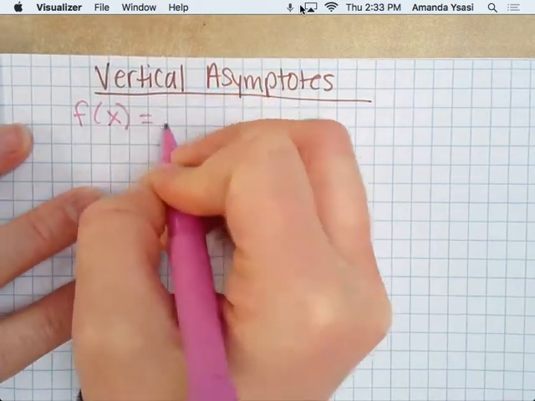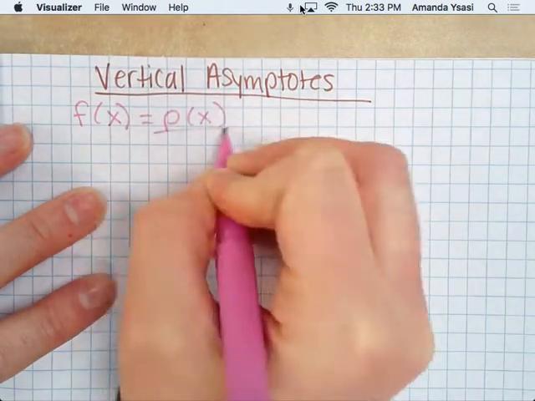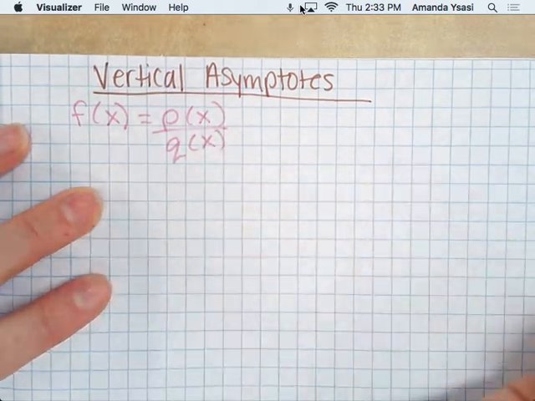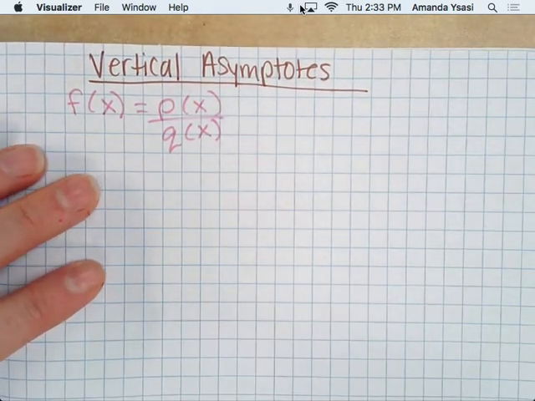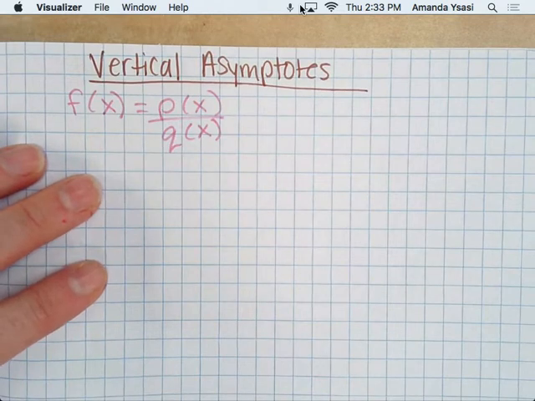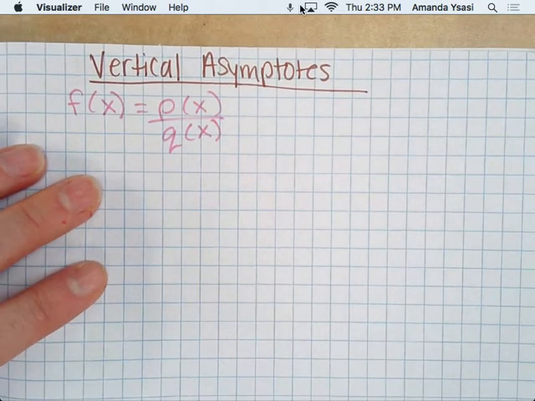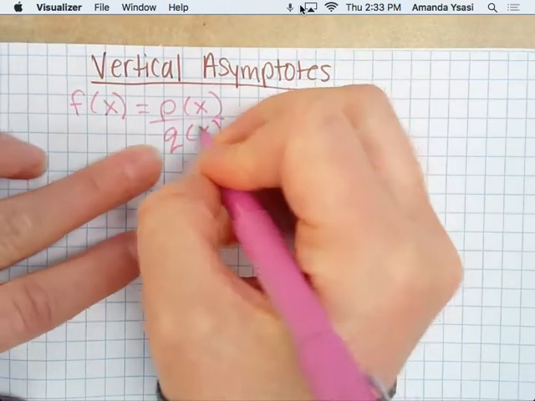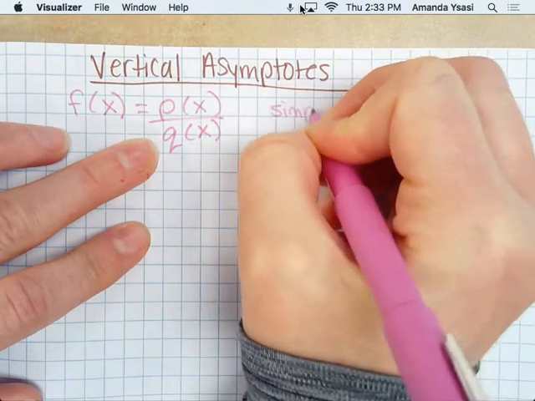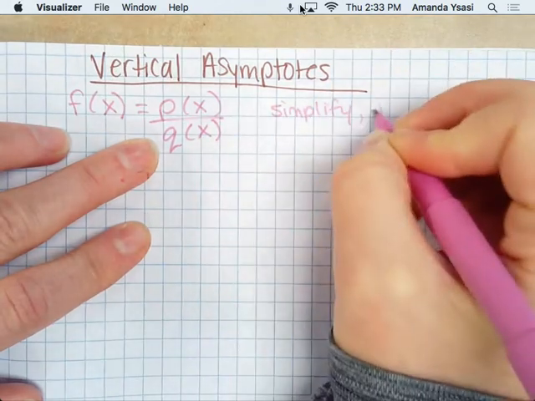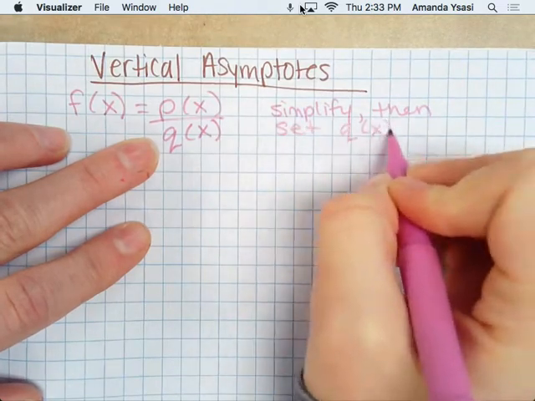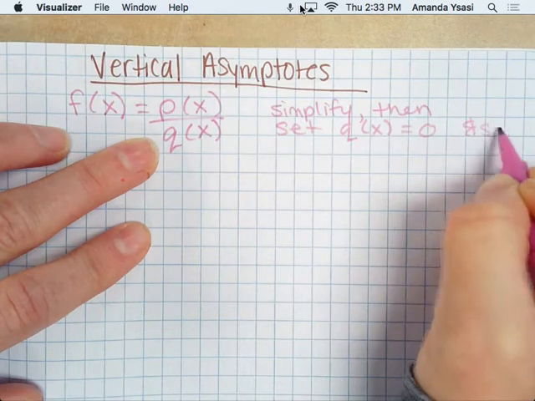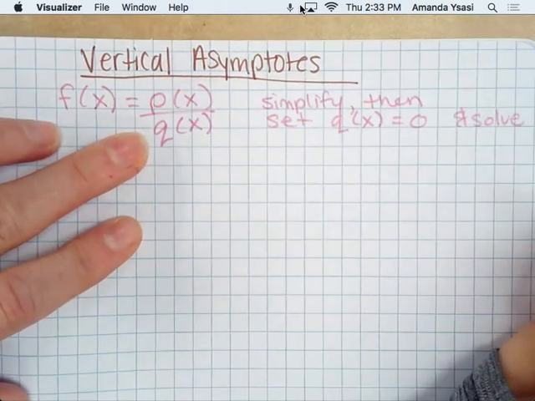So if we have f of x equals p of x over q of x, in order to find your vertical asymptote, you're going to simplify that, and then you're going to find any zeros. Basically, you're looking at the denominator. So simplify, then set q of x equal to 0 and solve. And those will be your vertical asymptotes.